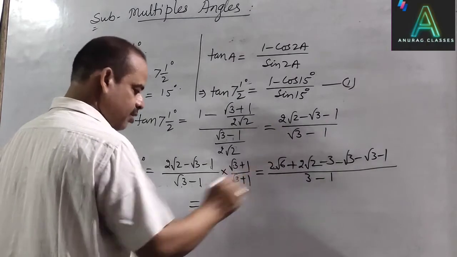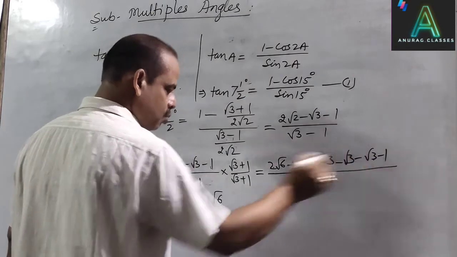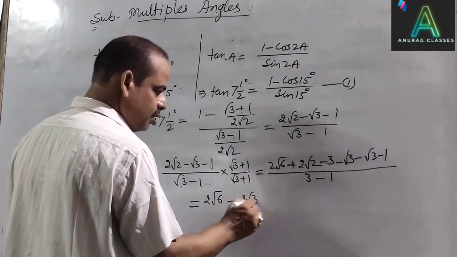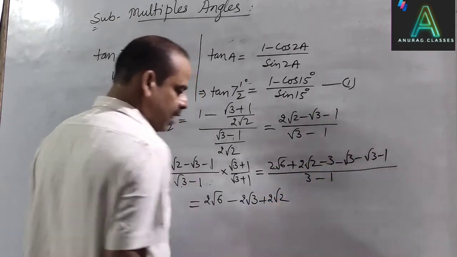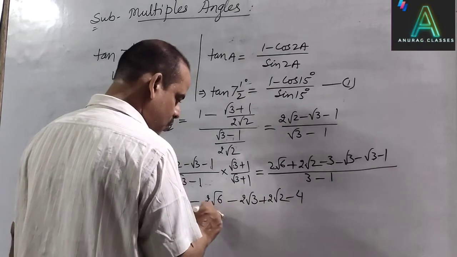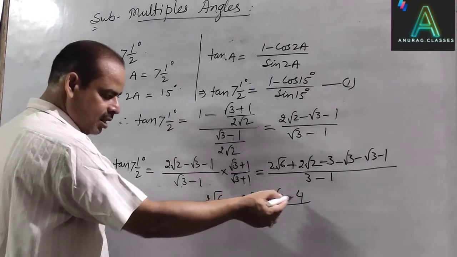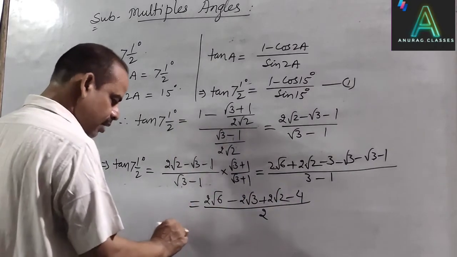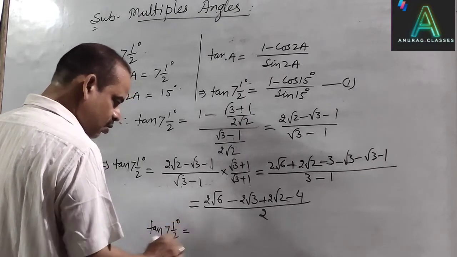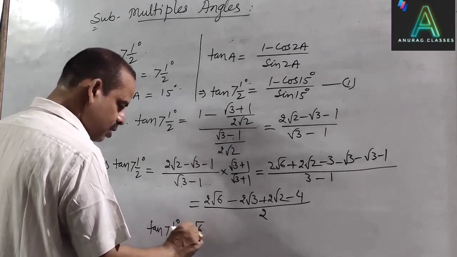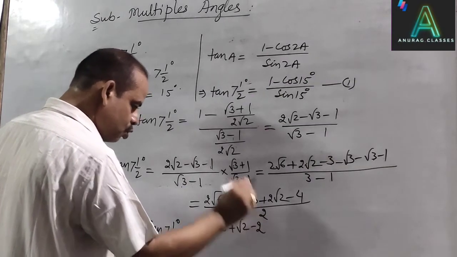Finally we conclude that it is 2 root 6 minus root 3, meaning minus 2 root 3, plus 2 root 2, and minus 3 minus 1 is minus 4, whole divided by 2. So very easily you can find here that 2 is common throughout, and we get the final answer as tan 7.5 degrees is equal to root 6 minus root 3 plus root 2 minus 2.